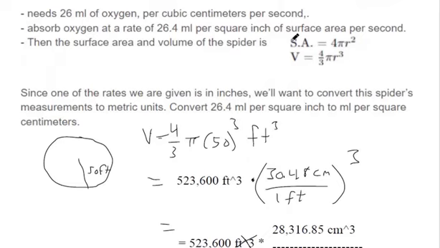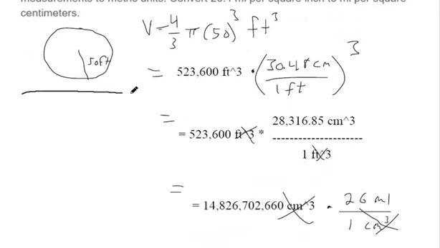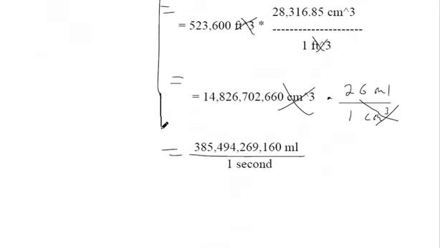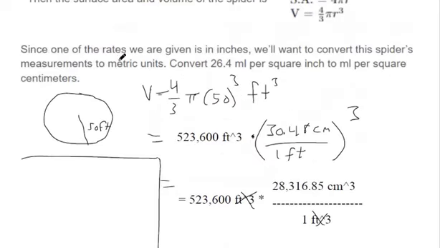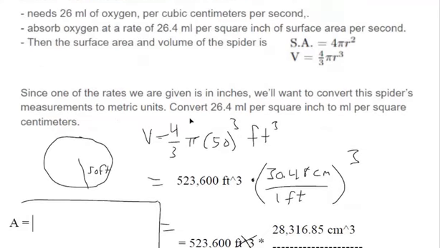Let's find out how much it can absorb, and that involves the surface area. Okay, so let's do what we did before, except this time we're using a formula for surface area. So the surface area of this thing, I'll use A for surface area, is 4 times pi, I'll use my approximation, times r squared. So this is in feet.